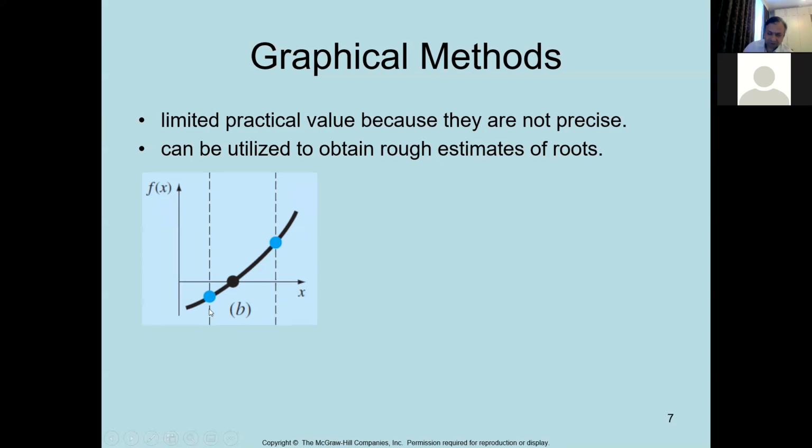So here in this case, you can see that we have plotted a function of x, and while this function of x is plotted, you can see that this function is increasing from a negative value, that means it is below the x-axis, to a positive value.